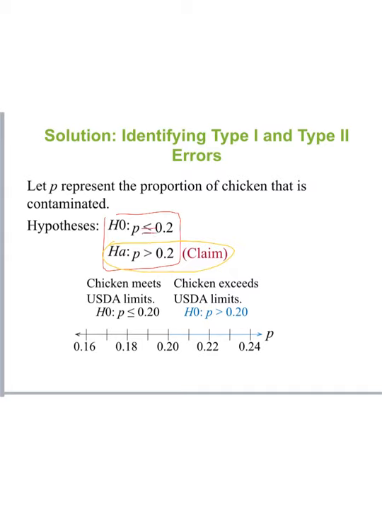Okay, so let's take a look at the number line. Here we find 0.2. This side represents the proportion being less than 20%, and the right side represents the proportion being greater than 20%. Chickens exceed USDA limits.